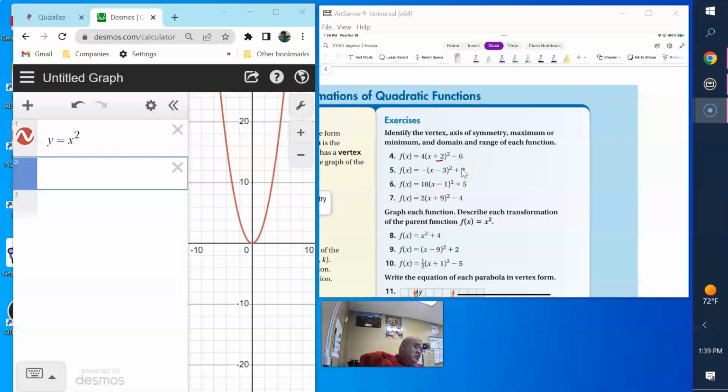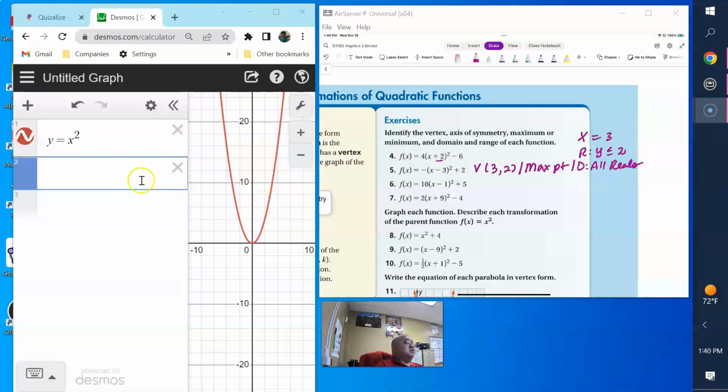So our vertex is going to be (3, 2), and this is going to be a maximum point. The domain is all reals, and since it's a max point, it's going to reach its highest point at (3, 2). So the range is y less than or equal to 2. The axis of symmetry, x equals 3.